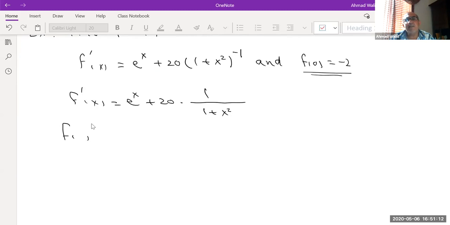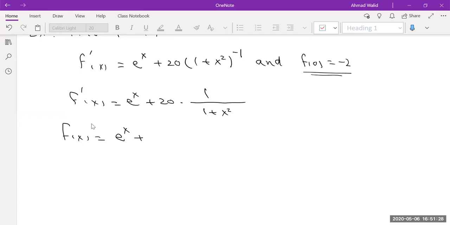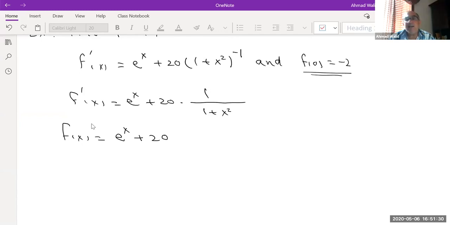Then f of x equals, what is the antiderivative of e to the x? The table that I gave you today. The antiderivative of e to the x is e to the x, plus 20. What was the antiderivative of this fraction in your table?